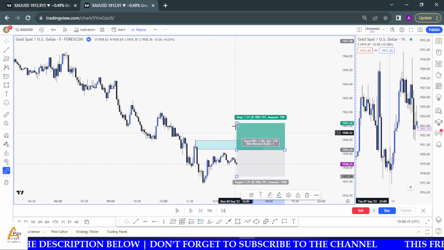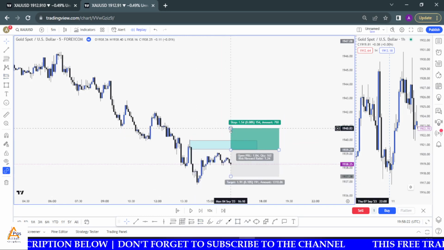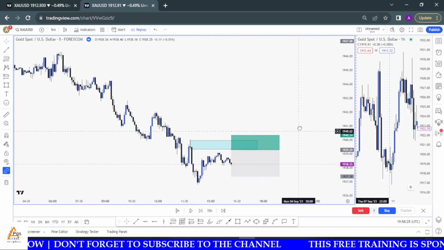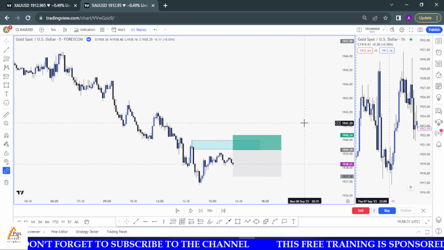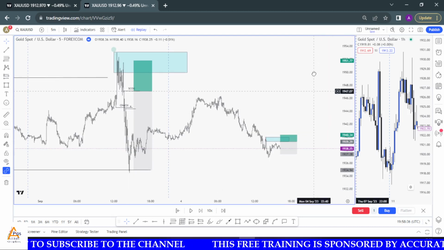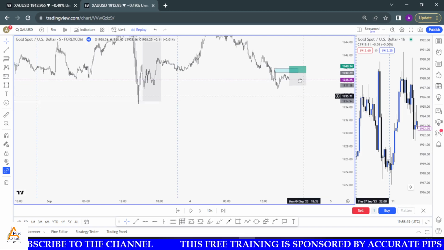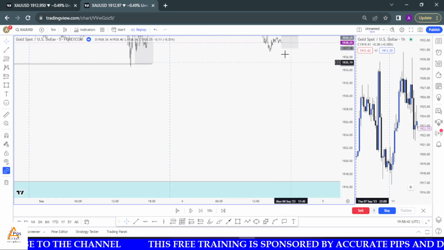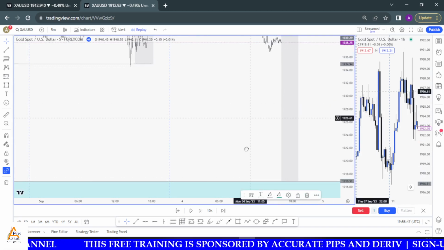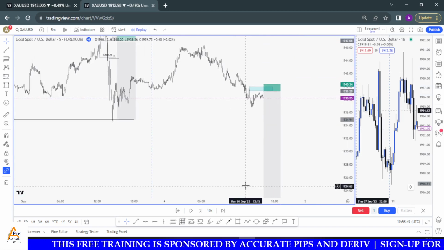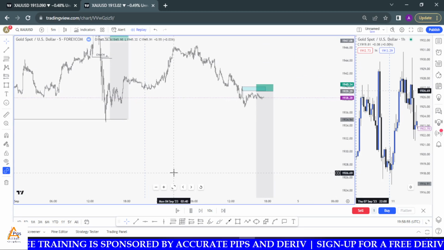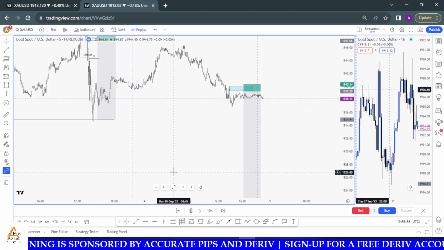Okay, if it mitigates, maybe you can risk something and put your stop loss few pips above the shadow over there, and you target, in this case, your decisional OB. Okay, that is your target. Your decisional OB is your target, because that is the first area we are looking to buy from. Okay, so let's see if price taps into that entry and if it played out or not.